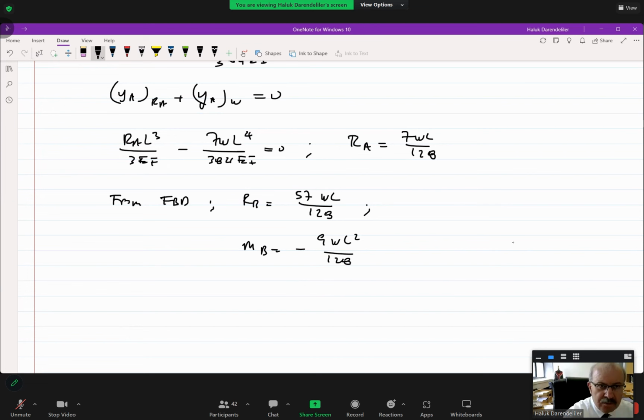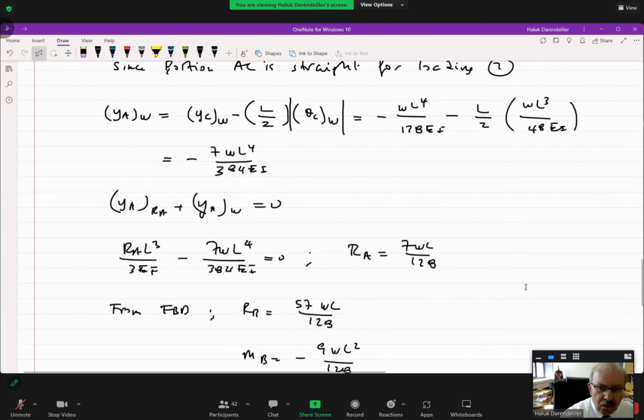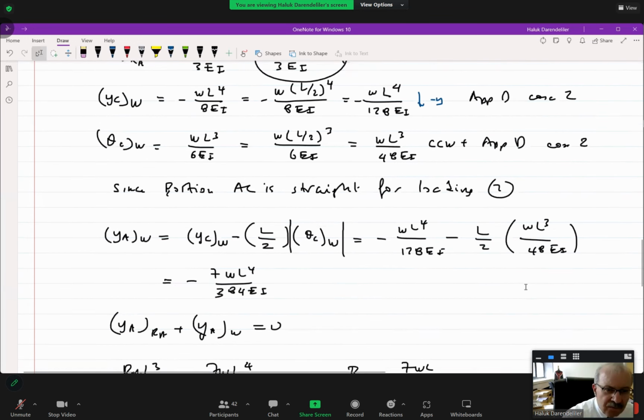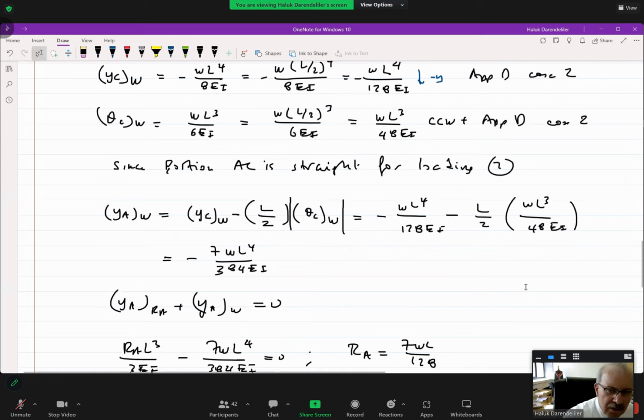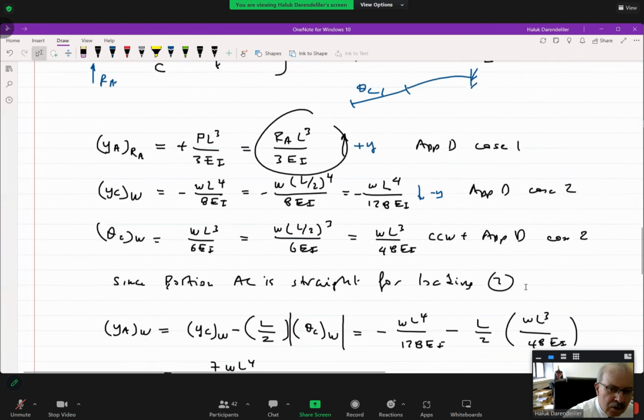This is from statics, okay? Not related with this portion. Of course, once you know RA, you can determine the deflection at any point because you have everything to be determined. Soru var mı şimdi?